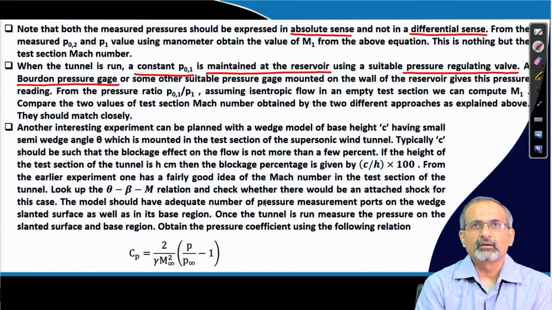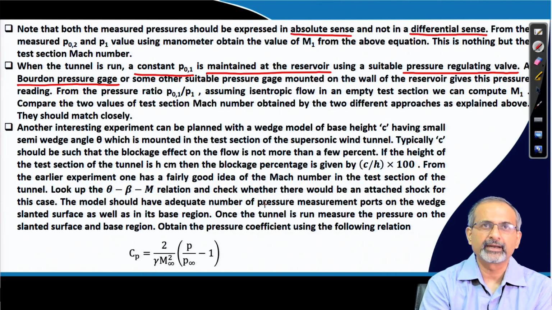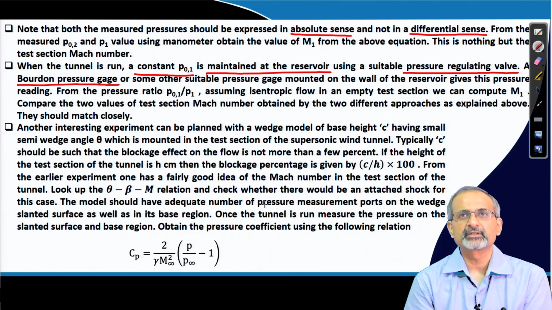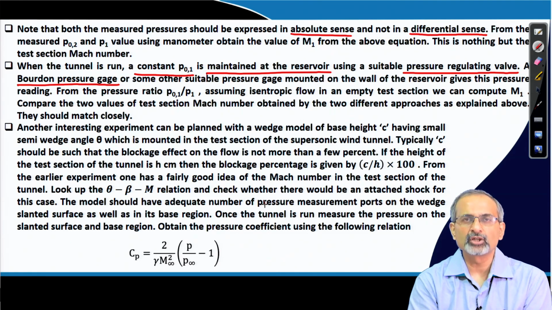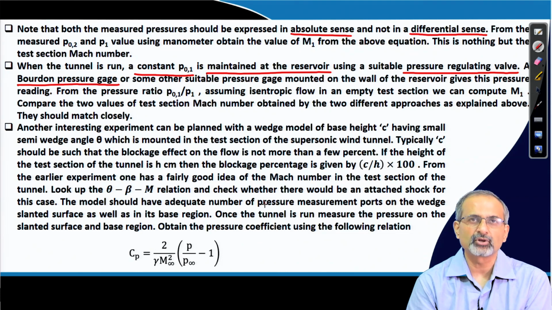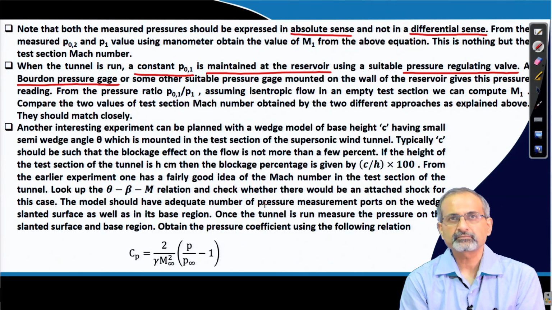So, the P01 that you have over there at the reservoir end and the static pressure that you have in the test section after the flow has expanded through the CD nozzle, has gone sonic at the throat and supersonic after expansion.